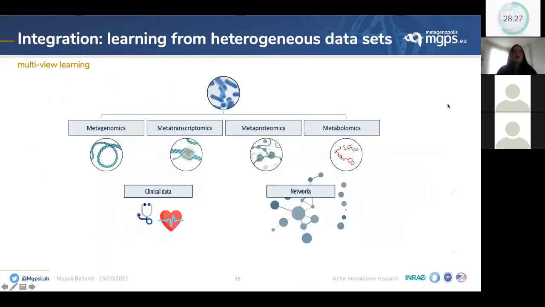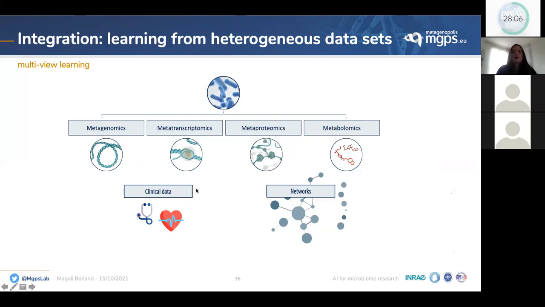And finally, the last current challenge in machine learning is learning from heterogeneous data sets. Because when we talk about microbiome, I talk a lot about metagenomics, but we can also have metatranscriptomic data, metaproteomic data, or metabolomic data.